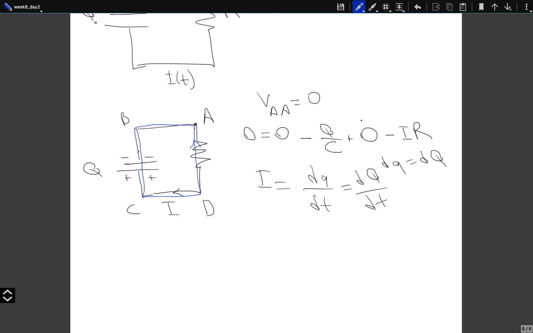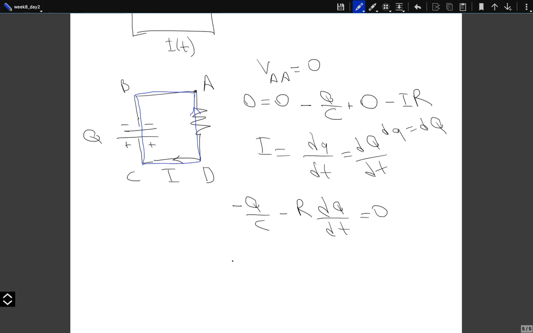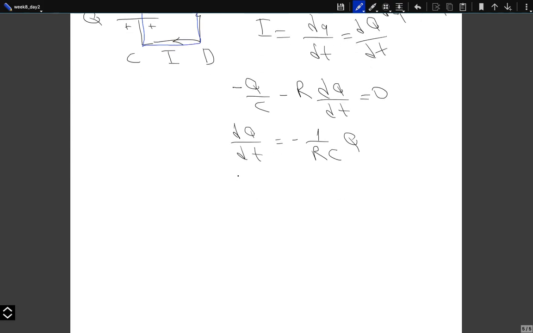And let's go back. Let's put it in our equation. Minus Q over C minus R dQ by dt, this is equal to 0. Or dQ by dt should be equal to minus 1 over RC times Q. Or this tells me that dQ over Q is equal to minus 1 over RC dt.